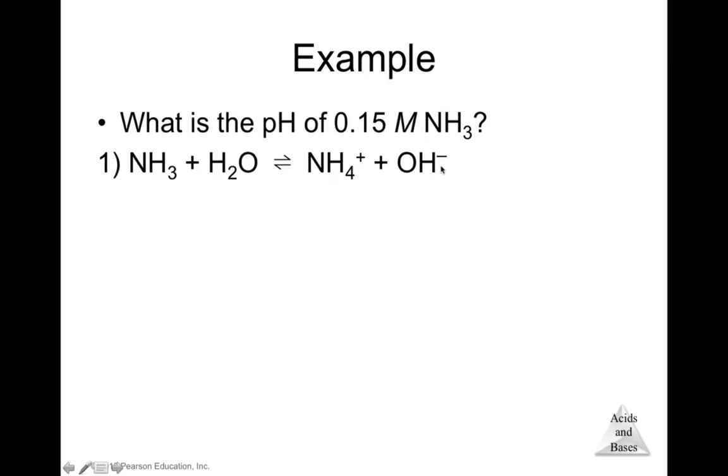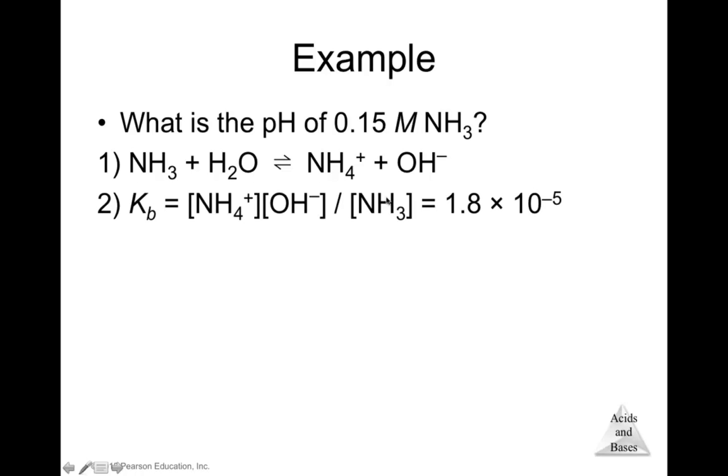We calculate the pOH because in this solution we don't have H plus, we have OH minus. So we calculate the concentration of OH, then the pOH using pOH equals minus log of the concentration of OH, and then eventually the pH with the formula pH plus pOH equals 14.